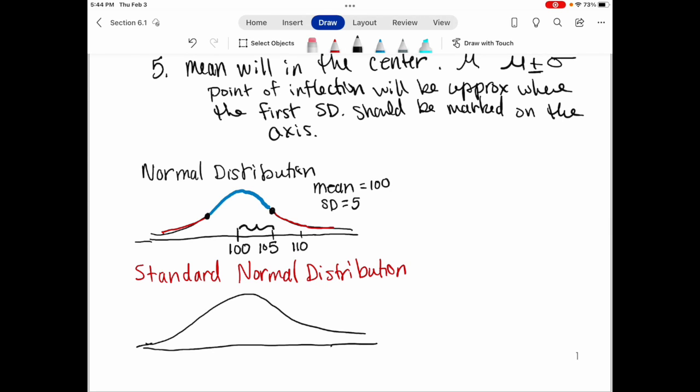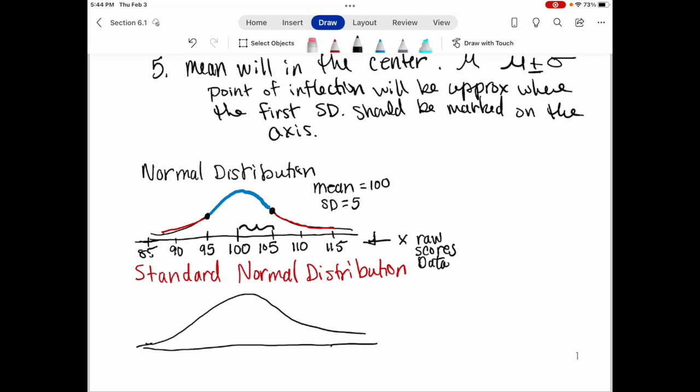When I come out another standard deviation, I have 115. And then going in the other direction, if I go one standard deviation to the left, that's going to give me 95, then 90, and then 85. These are what's called our values of x, which is our raw scores. That's another way of describing it, or our raw data.